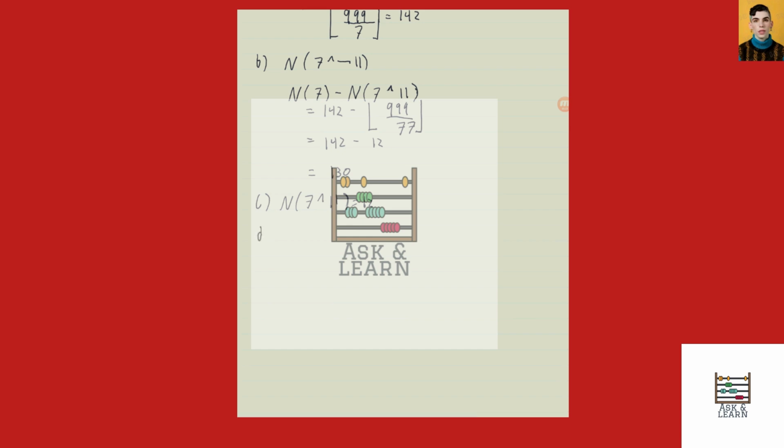For part D, we want to find the number divisible by 7 or 11.